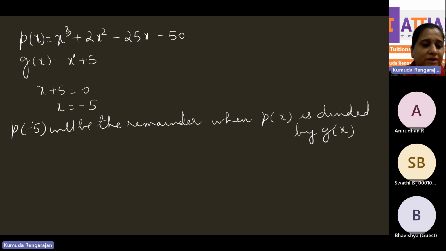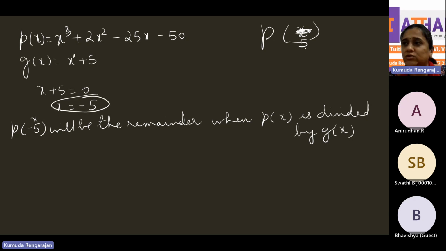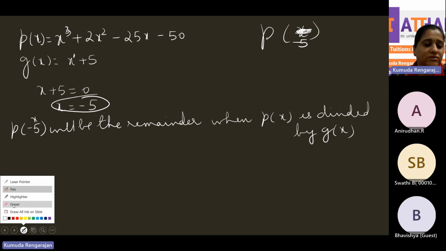That means in place of x, we use minus 5. Because x is equal to minus 5, in place of x in P of x we are using minus 5. So P of minus 5 will be the remainder when P of x is divided by G of x.